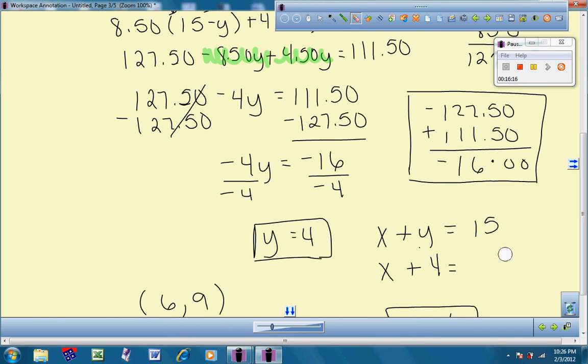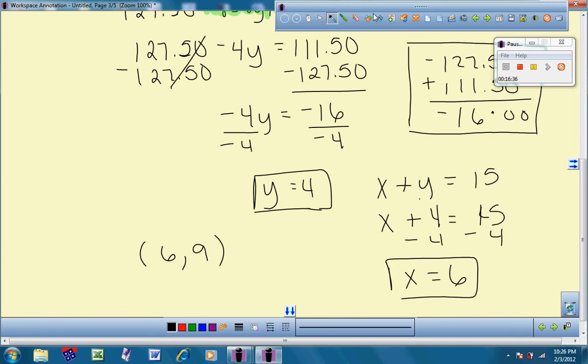Go back in your notes, and we're just going to replace everything with 4. Alright, so we're going to go ahead and subtract out 4 up here. 15 minus 4 is not 6. That was from our old equation, which was incorrect, and we're going to go ahead and fix that. 15 minus 4 is actually 11.